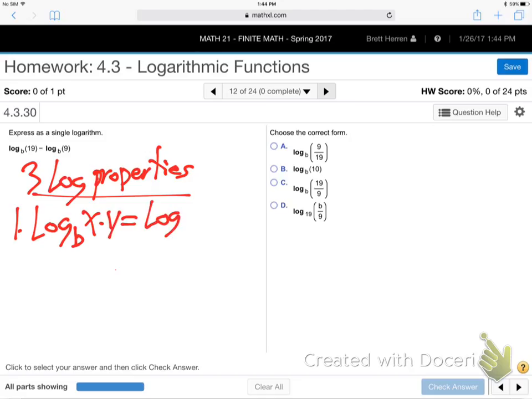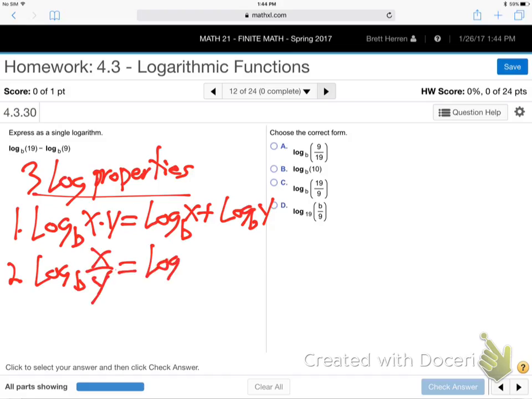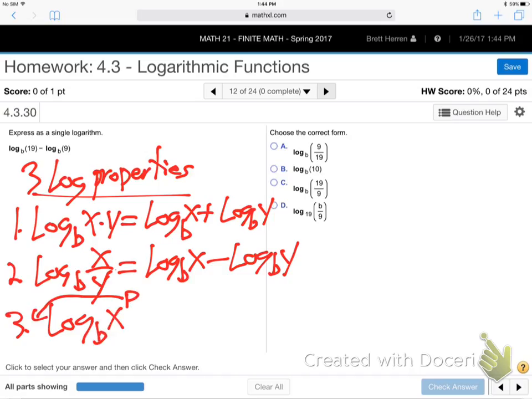Multiplying for 1 log becomes adding for 2 logs. And that's the first property. And dividing for 1 log becomes subtraction for 2 logs. And lastly, powers come down to the front.